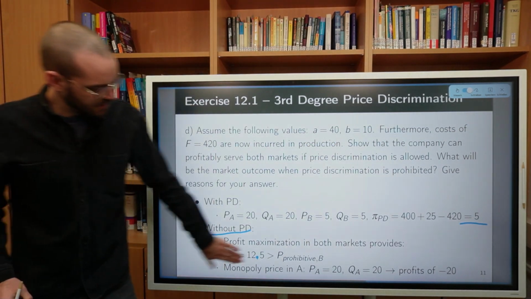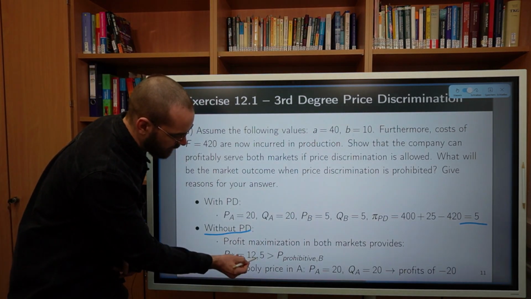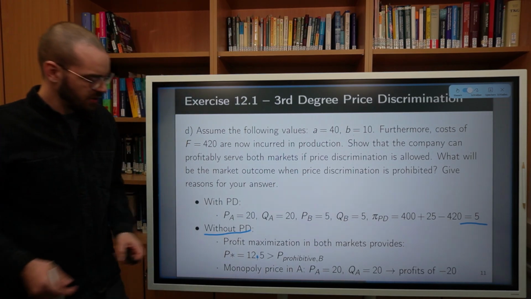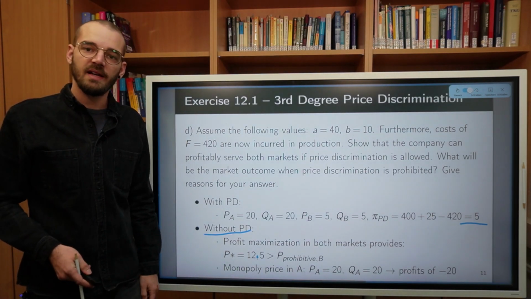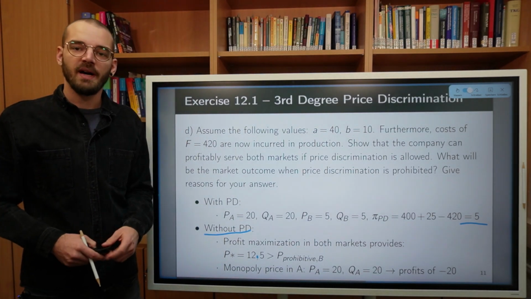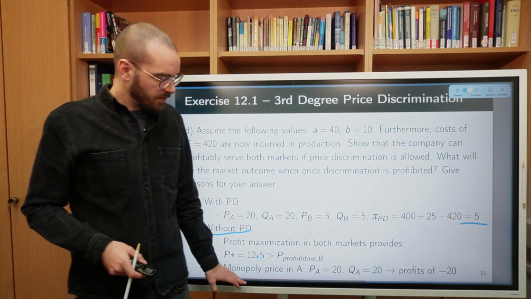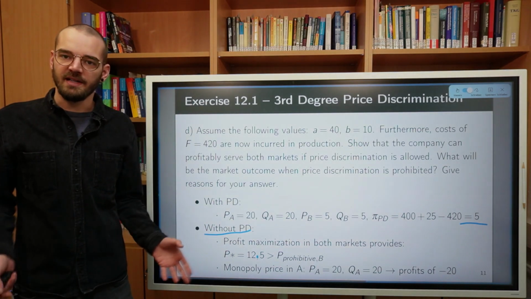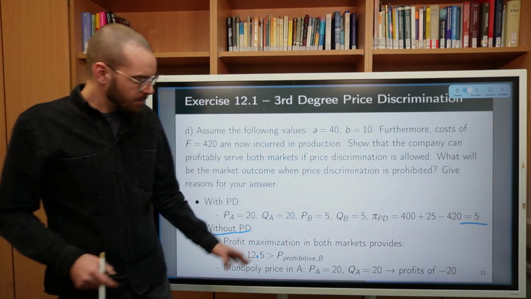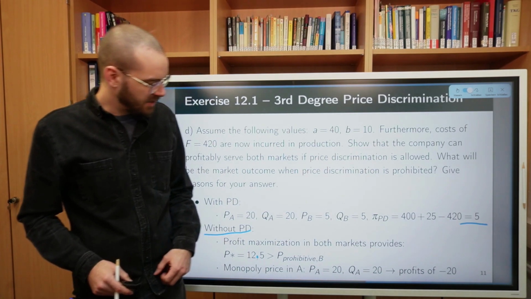So in this case, without price discrimination, when the profit maximizing price in both markets combined would be 12.5, we see that the monopolist only serves market A actually.